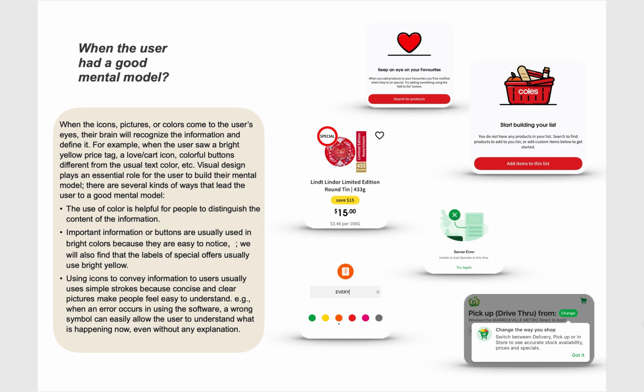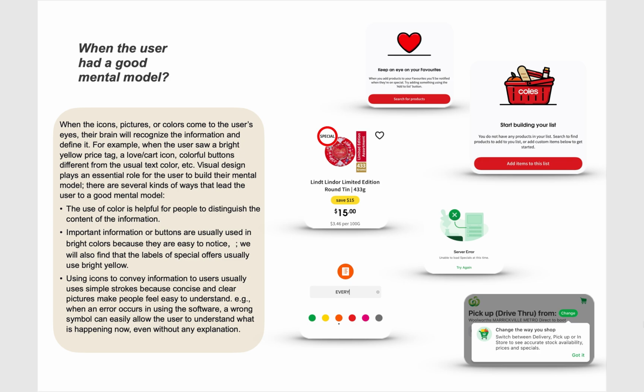There are several kinds of ways that lead the user to a good mental model. The use of colors is helpful for people to distinguish the content of information. Important information or buttons usually use bright colors because they are easy to notice. We will also find that the labels of special offers usually use bright yellow.